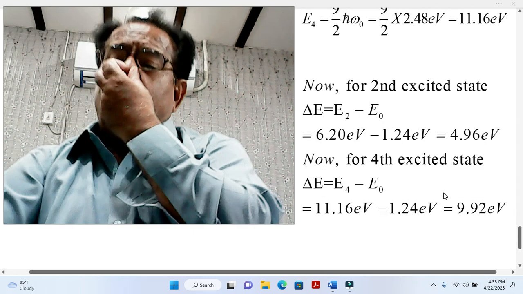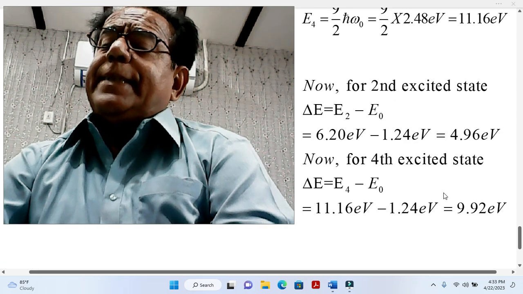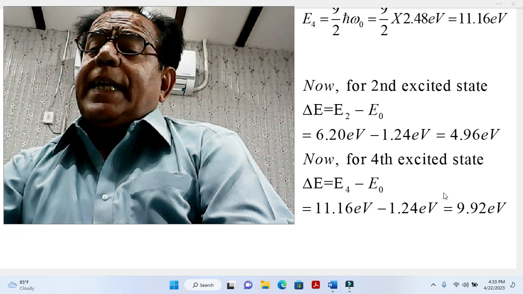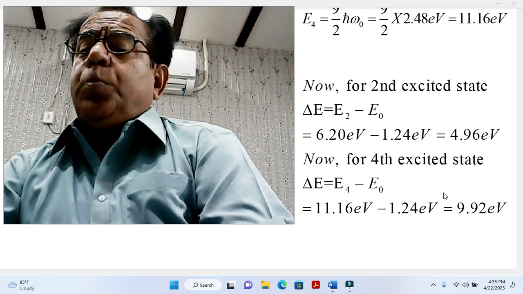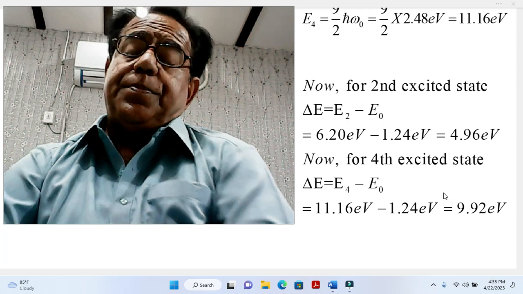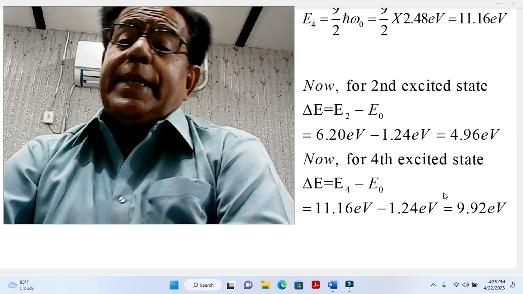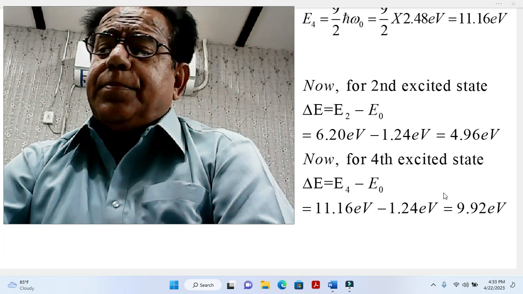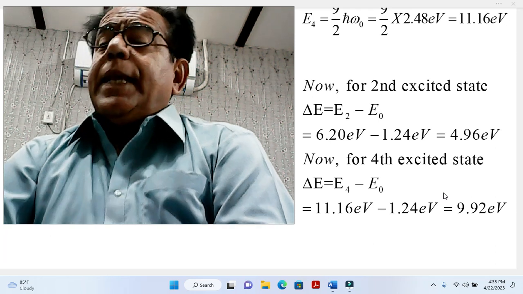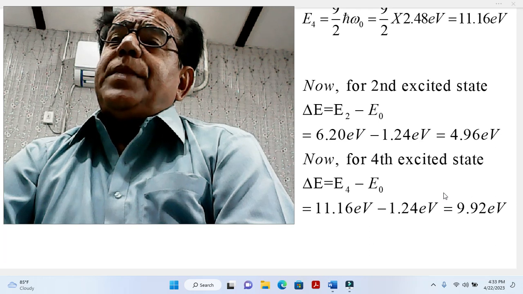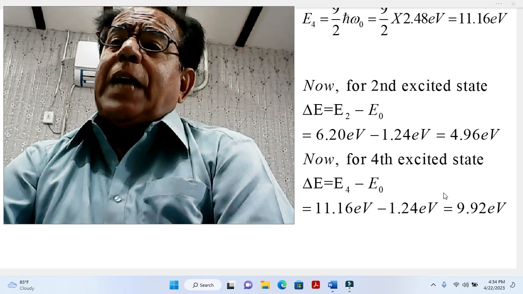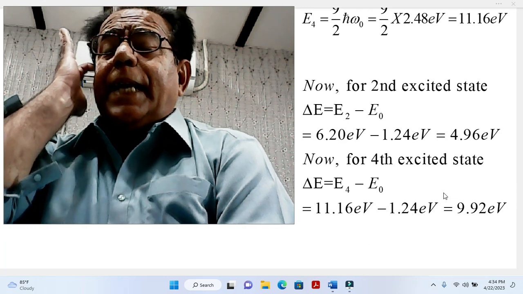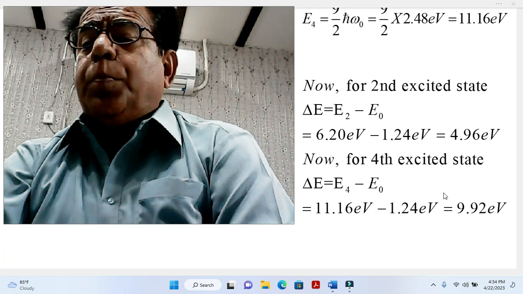Now for the second excited state, delta E, that is the change in energy, is equal to E2 minus E naught. Dear students, it is to be kept in mind very carefully that in each case we will have reference with the ground state. So here delta E will never be equal to E2 minus E1.